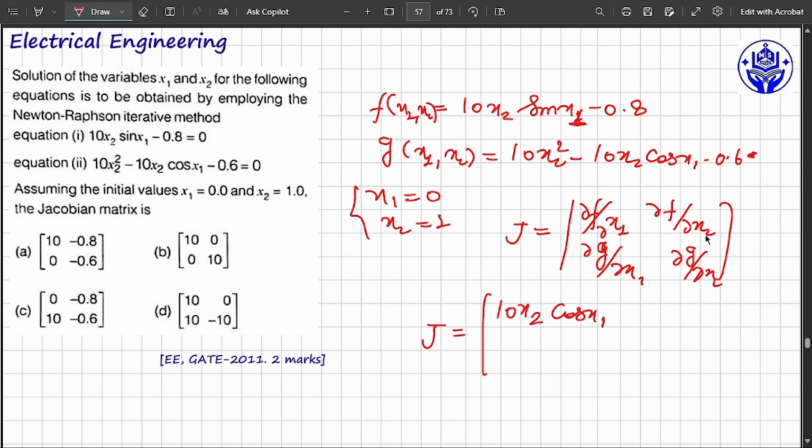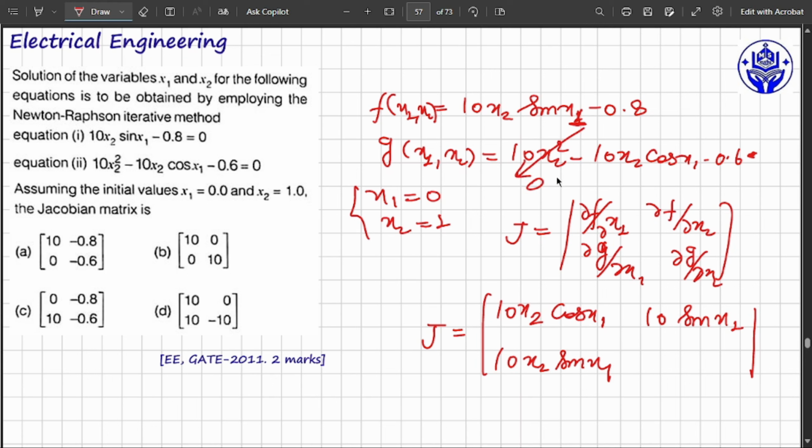And if I differentiate with respect to x2, then sine of x1 will be as it is. Now for the second function, if I differentiate with respect to x1, it will be tan of x2 into minus sine of x1, because the constant term will be 0 while differentiating.